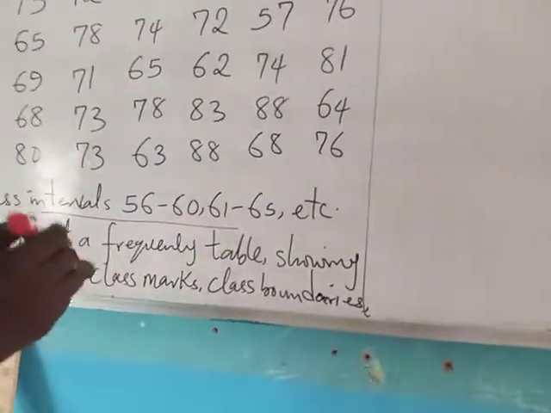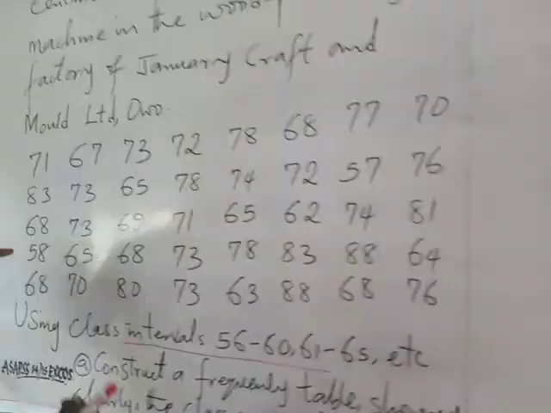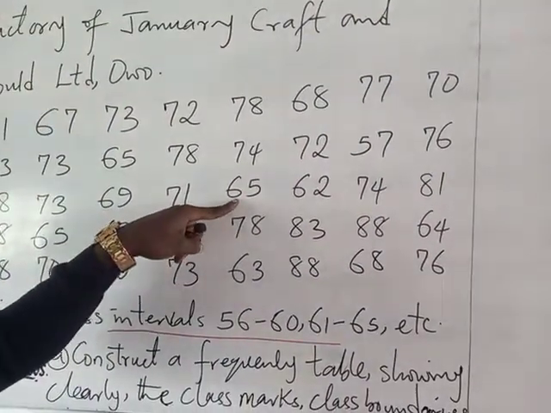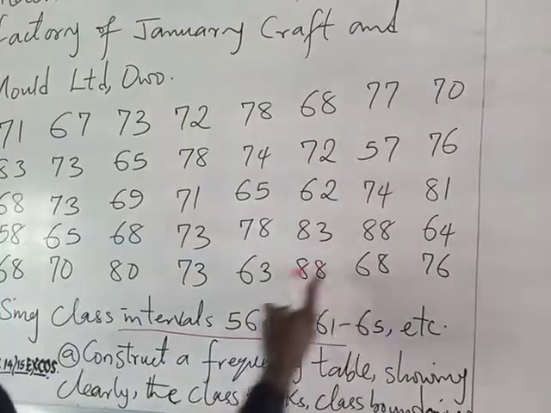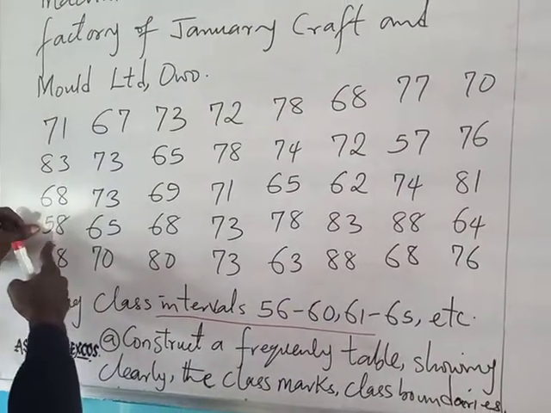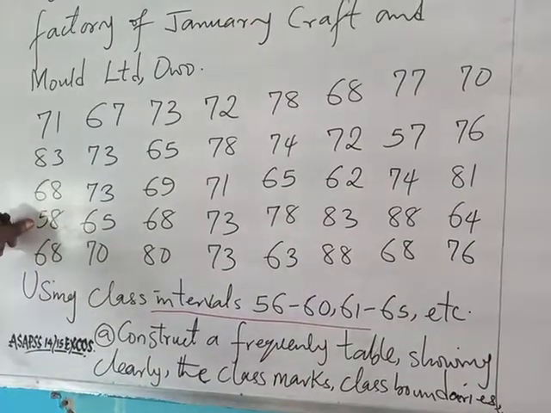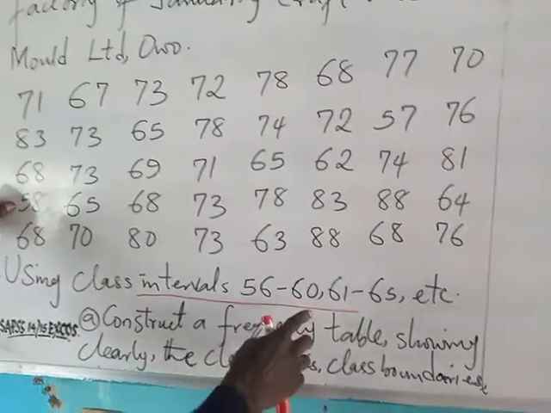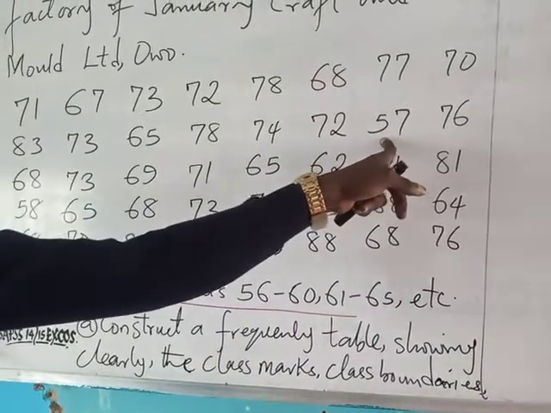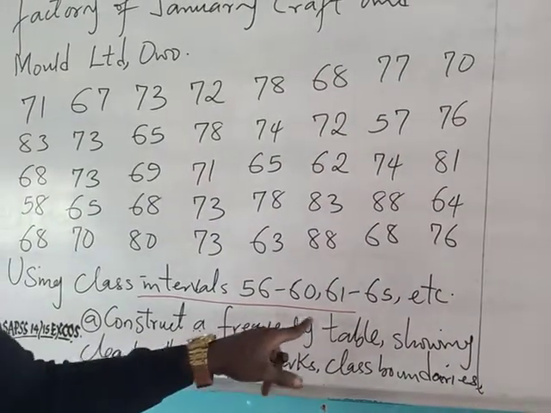Our class interval starts from 56 because if you look at the data, the least is 58, and we have 57 as well. That is why we are starting from 56 to 60.